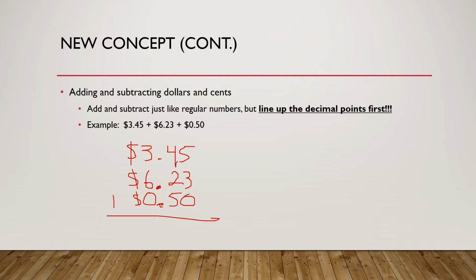And then I just add like normal, but I'm right away going to put my dollar sign and my decimal point in here. So 5 plus 3 is 8, 5 plus 4 is 9, plus 2 is 11, 6 plus 3 is 9, plus 1 more is 10. So that would be my answer. So it's just the same, just make sure you line up your decimal points.